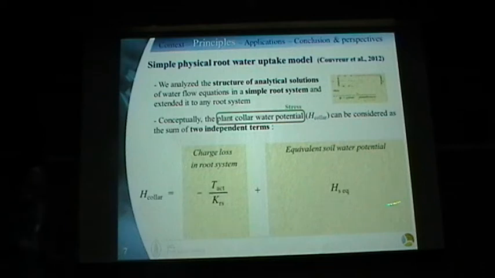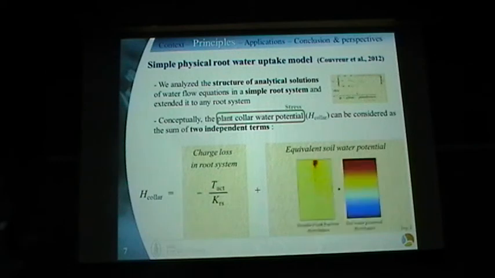Obviously, the soil water potential cannot be just a scalar value, because the soil water potential is most of the time heterogeneous. And what we also demonstrated with our approach is that analytically we could consider that the equivalent soil water potential, as we call it, felt by the plant, is the scalar product of the standard sink fraction by the soil water potential distribution.